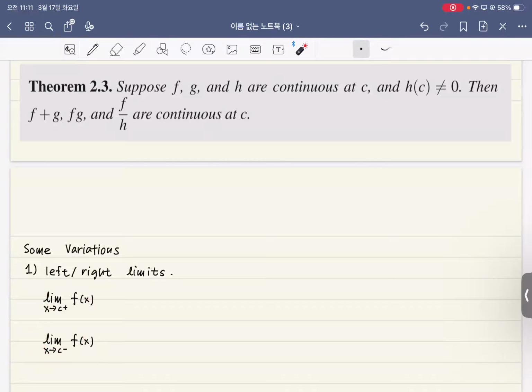As we did before, I would like to provide you very rigorous definitions of these two things. So what is the definition of the left-hand limit and right limit? These are defined like this. For every epsilon, you must be able to find a positive real number delta satisfying the following condition.